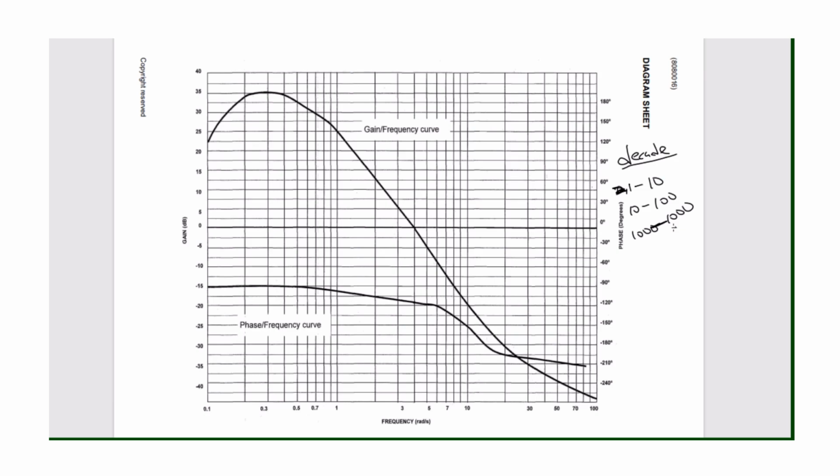For example, in this question I have here, the first cut-off frequency is from 0.1 until 1. Then from 1 until 10, from 10 to 100. So I have 3 cut-off frequencies. I have cut-off there, cut-off.